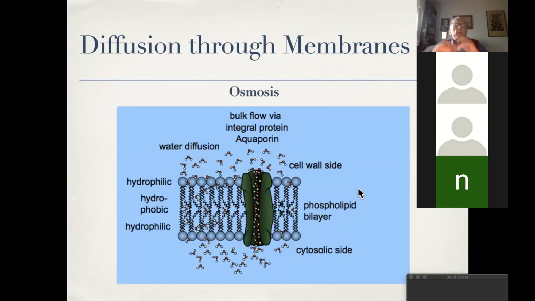And finally, we have osmosis. Osmosis is related to the transport of water. We have on one side of a membrane water and particles which diffuse in the water. We have a cell, and the cell has hydrophilic particles on its outside.